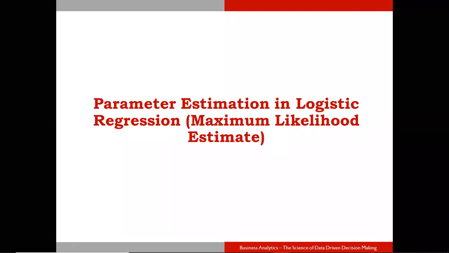Here we'll be applying a method called maximum likelihood estimation. When we do linear regression, we use the OLS method, meaning ordinary least squares method. Here we apply maximum likelihood estimation.